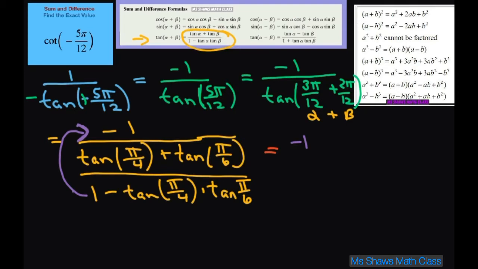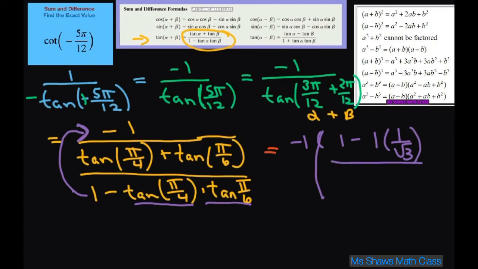So we have negative 1 times this whole thing, 1 minus tan of pi over 4, which is 1, times tan of pi over 6, which is 1 divided by square root of 3. And then the denominator is just going to be 1 plus 1 divided by square root of 3. And I still have this negative in front here.